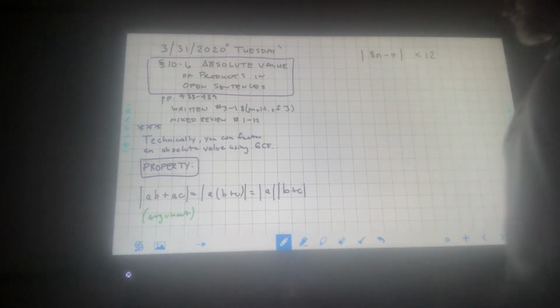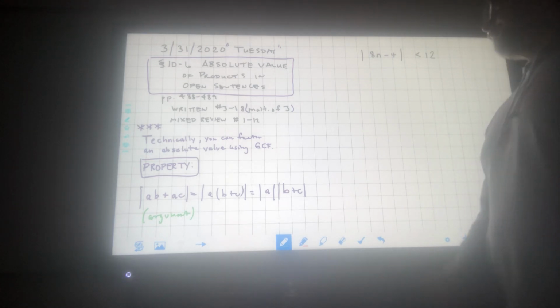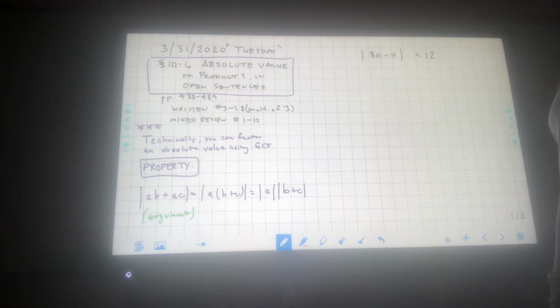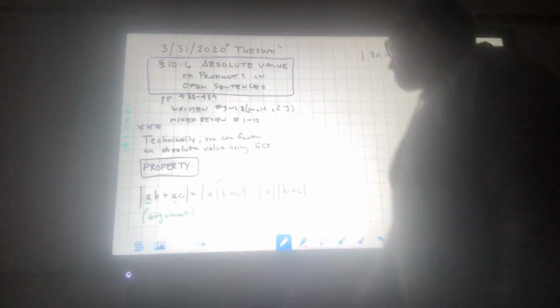So inside of an absolute value, inside of a square root or a cube root or any other kind of root, the thing that's inside is called the argument. So AB plus AC, they both have this A in common, so I can factor that out, okay?